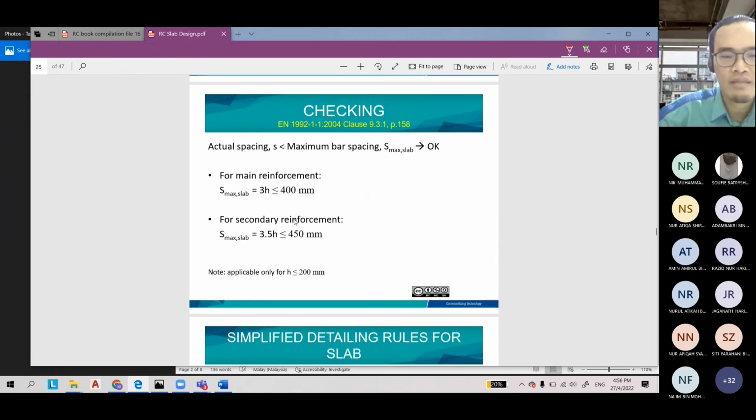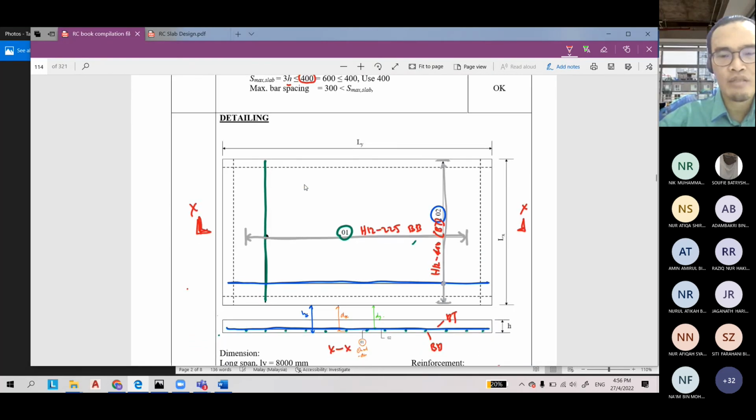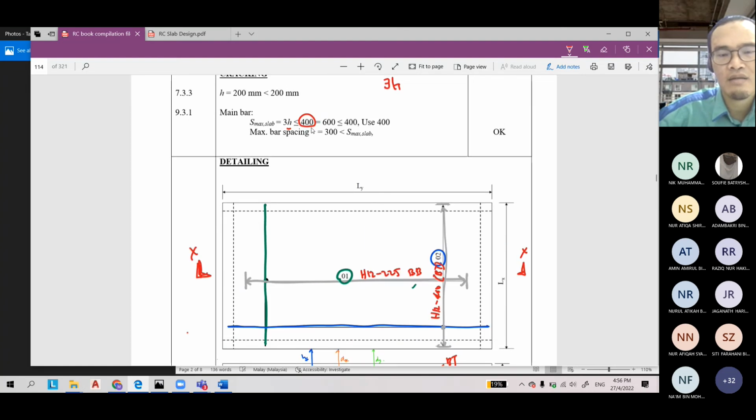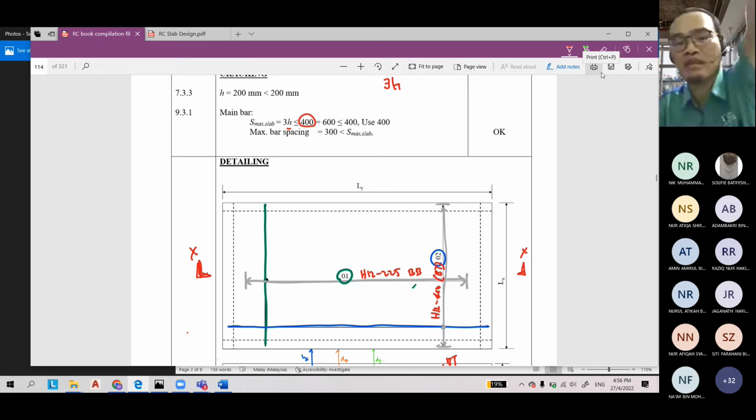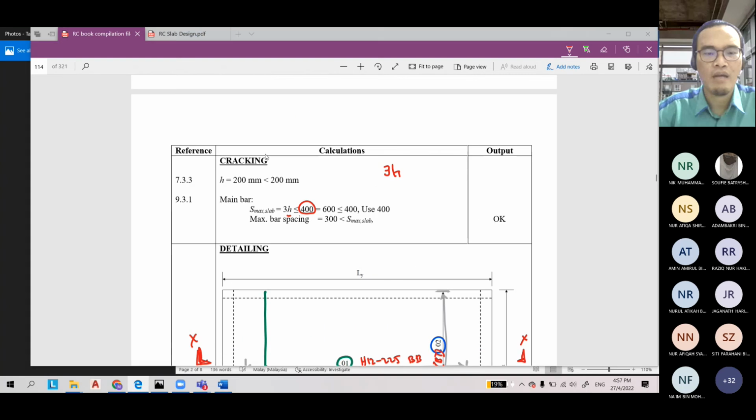Checking this one for secondary bar, maximum is 450. However, once you are dealing with the simply supported two-way slab, there is no secondary bar. Both directions are main reinforcement. So you check the spacing must be less than 400. So I hope you can try this. You can finish our exercise up to cracking.